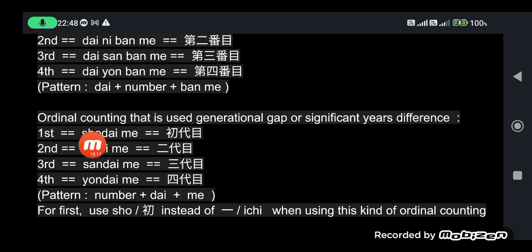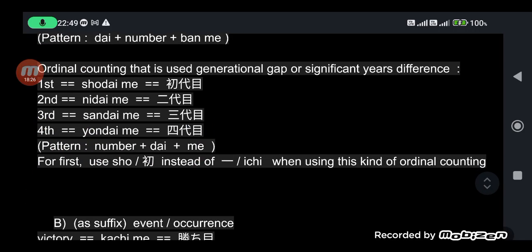First, shodaime. Second, nidaime. Third, sandaime. Fourth, yondaime. So the pattern is number plus dai plus me. And take note, for this specific case, for the first, you don't use ichi, but you will use sho.